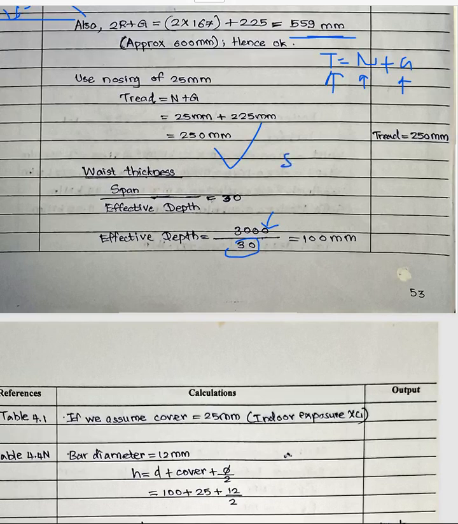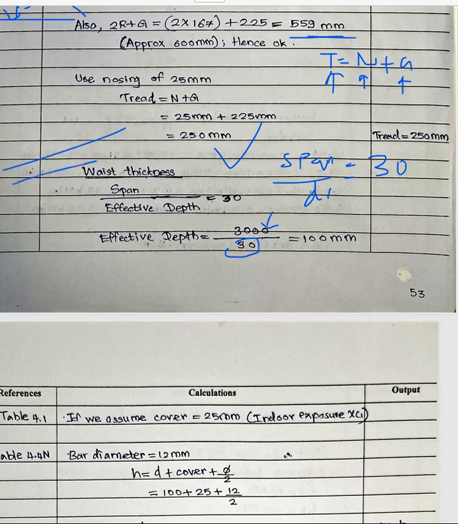Span over effective depth ratio means span over depth is equal to 30, so depth is span over 30. So depth means the waist thickness.